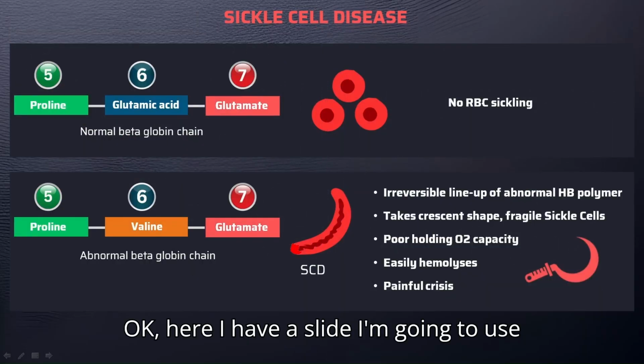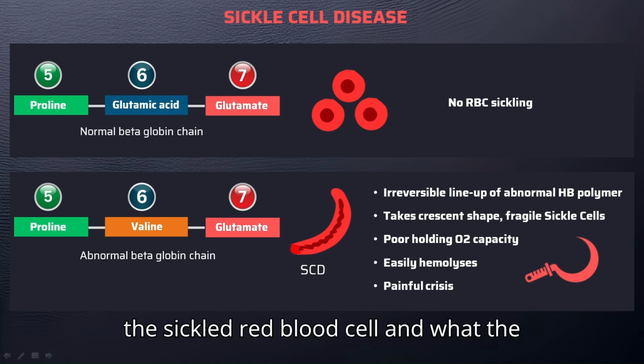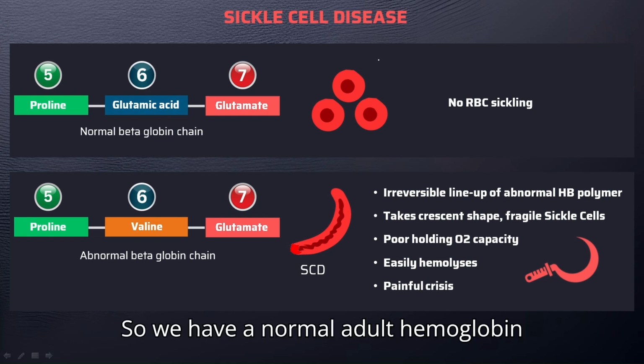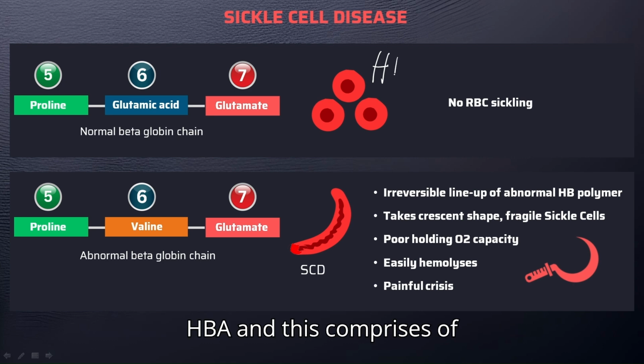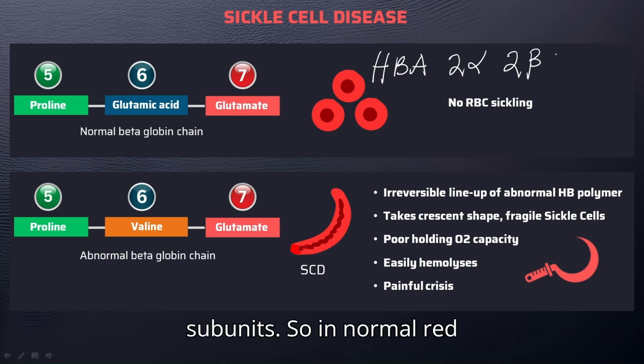Okay, here I have a slide I'm going to use to compare normal red blood cells to the sickled red blood cell and what the mutation does to the beta globin chain. So we have a normal adult hemoglobin, HbA, and this comprises two alpha and two beta subunits.